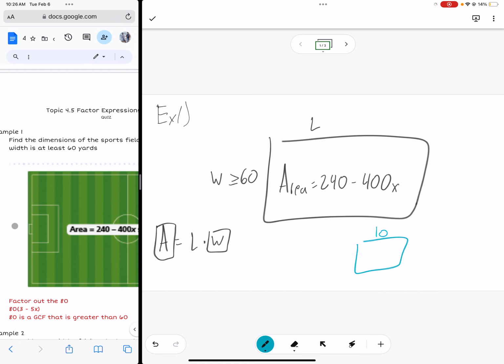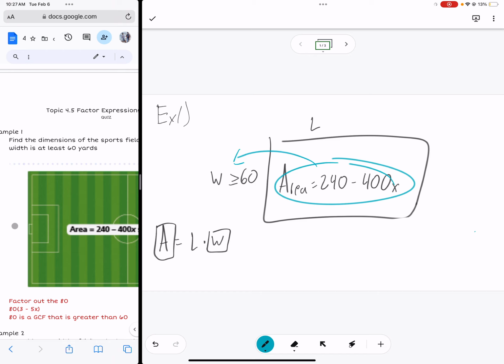Let's say my rectangle has a length of 10 and a width of 5 and an area of 50. I would know that area equals 10 times 5. But let's say I didn't know what 5 was. Let's say it was just x, right? So it would be 10 times the letter x. How would you figure out what my x value is? You would divide 50 by 10 and you would get 5. So I know that if I'm given an area, I need to divide to find my width.